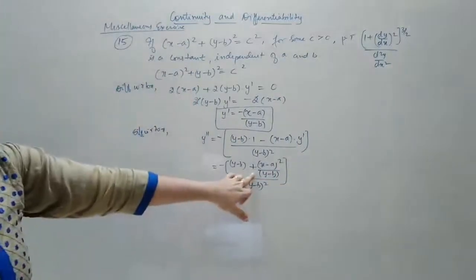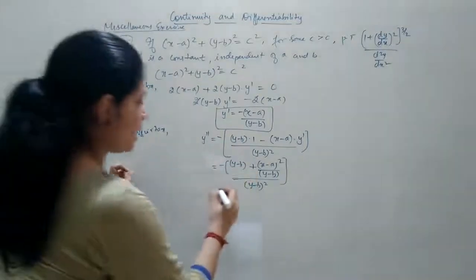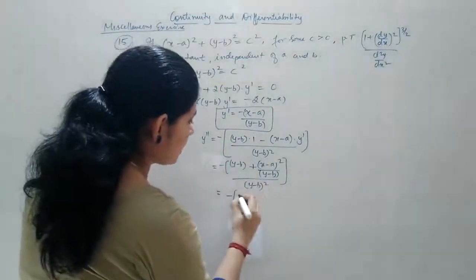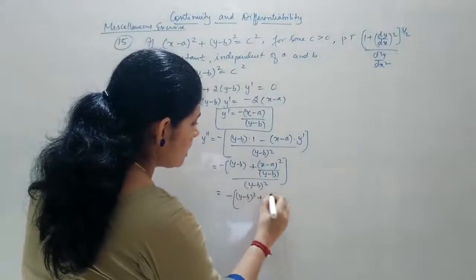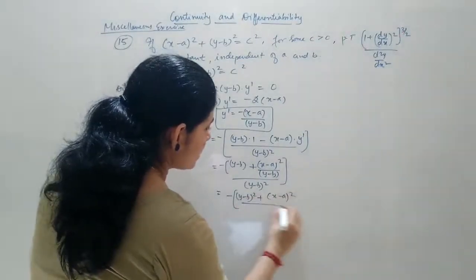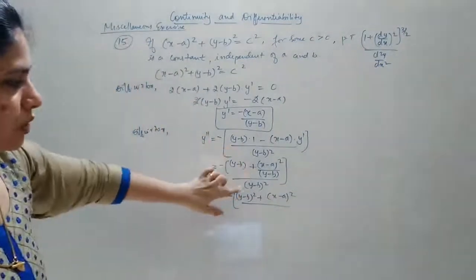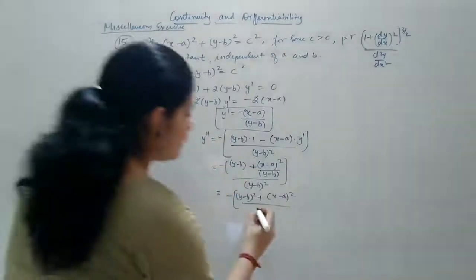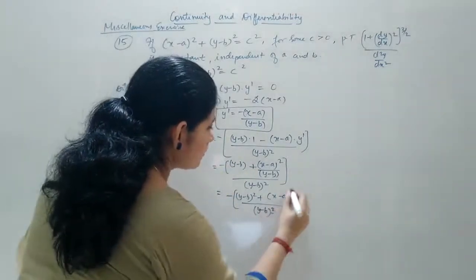Now we will take the LCM in the numerator, so that you will get minus of (y minus b) the whole square plus (x minus a) the whole square, divided by, and this will go here, so that it becomes (y minus b) the whole cube.